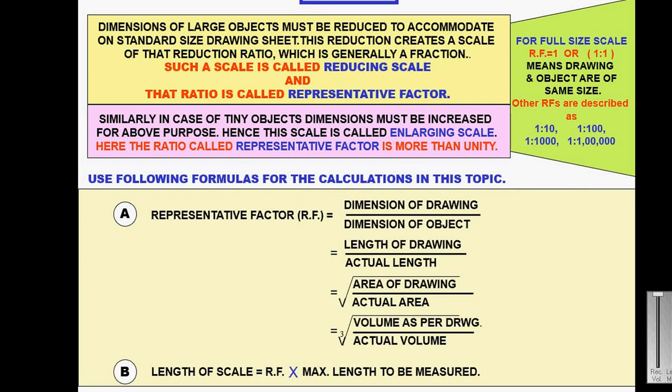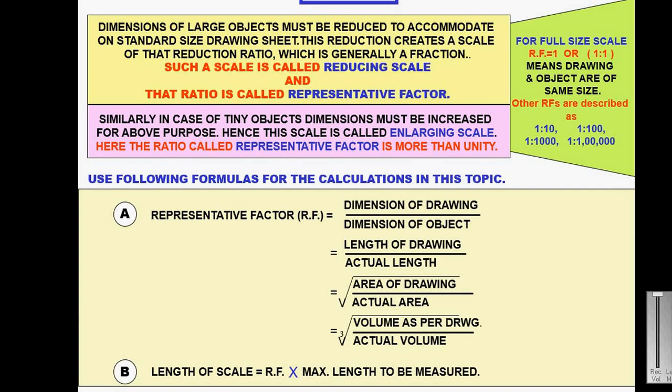For full size scale, the RF is 1, or scale 1:1, means the size of the drawing and the size of the object are equal. The other representative factors are 1:10, 1:100, or 1:1000, 1:1 lakh, etc.